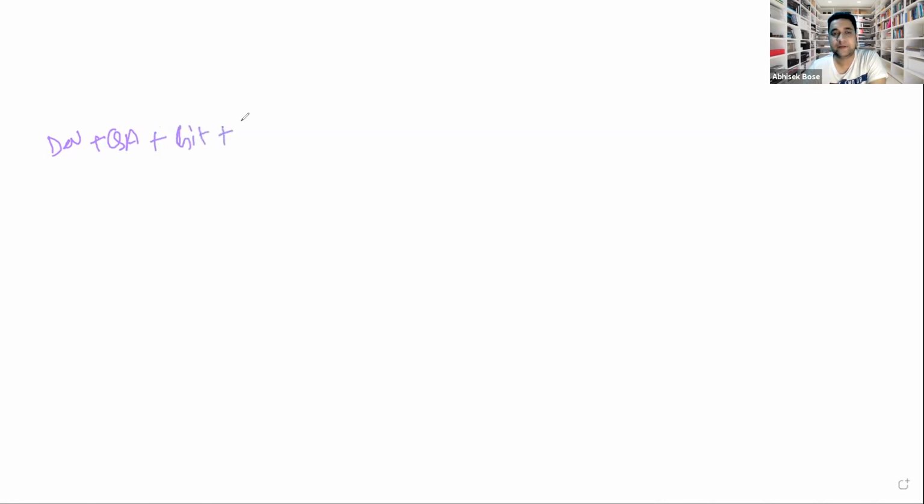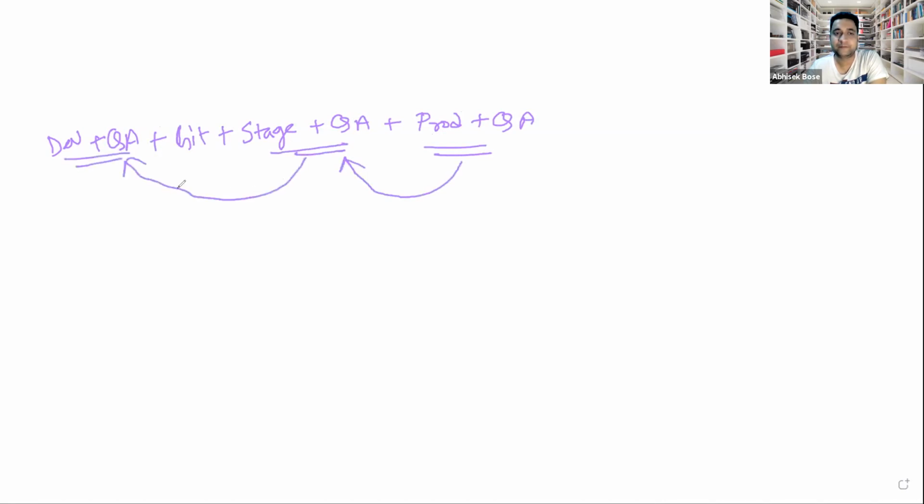Now from Git, we are pushing to the stage server. Then again QA task is happening. Then after that, we are shifting to prod. Then again QA part is happening. Now from here, it can move to here. From here, it can move to here.